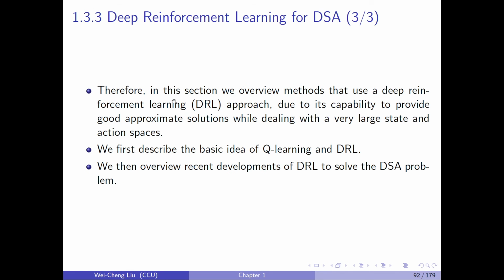Therefore, in this section, we overview methods that use a deep reinforcement learning, DRL, approach due to its capability to provide good approximate solutions while dealing with very large state and action spaces. We first describe the basic idea of Q-learning and DRL.